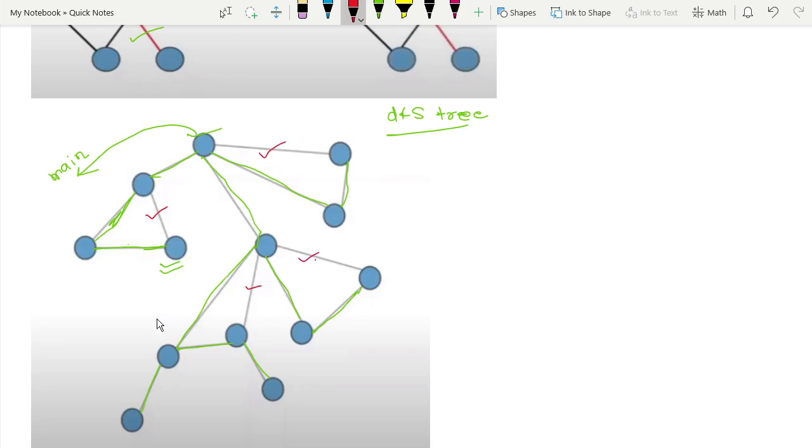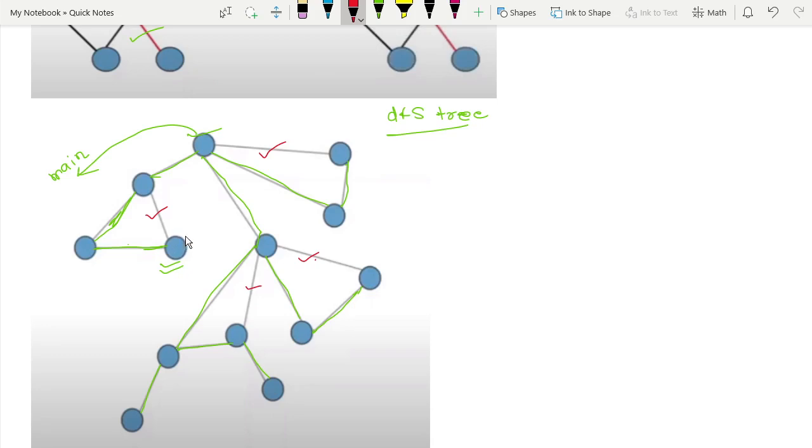So these four edges are unvisited. What does it mean? Actually these are called the back edges, which are not visited because the node was already visited. That's why you did not traverse that edge. This is called the back edge.